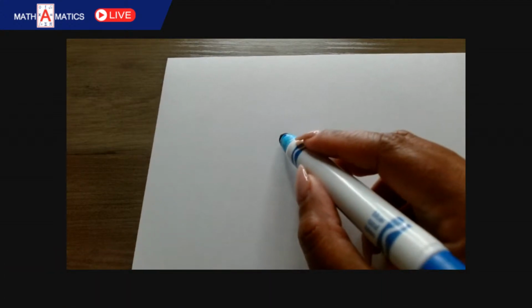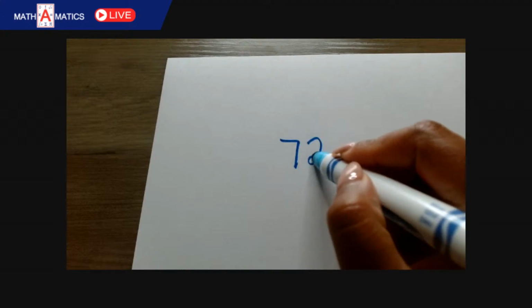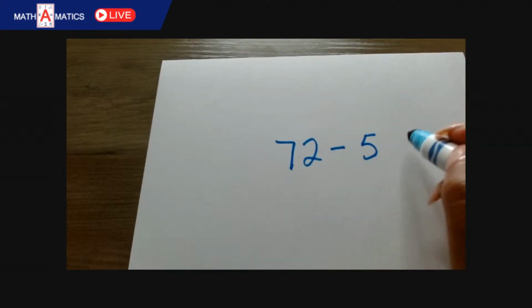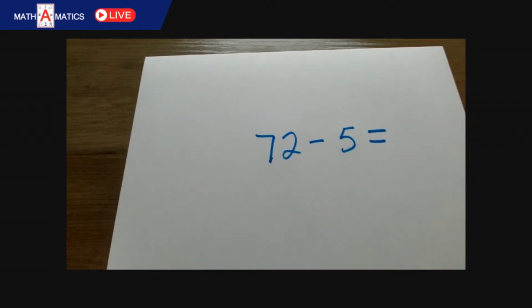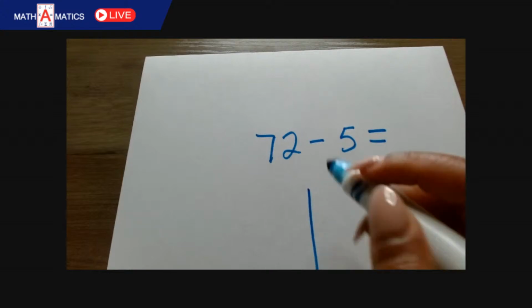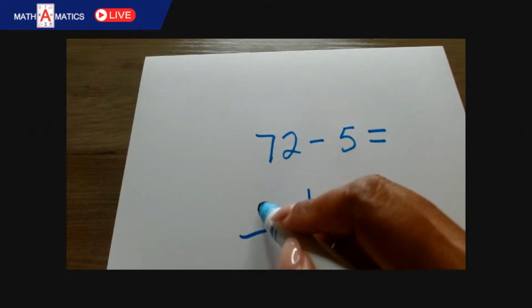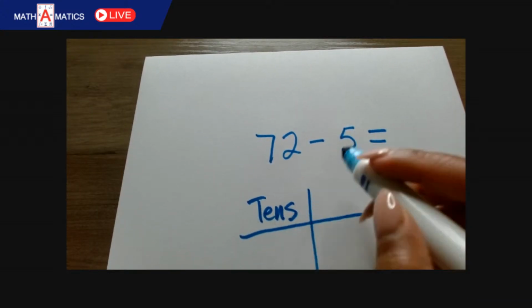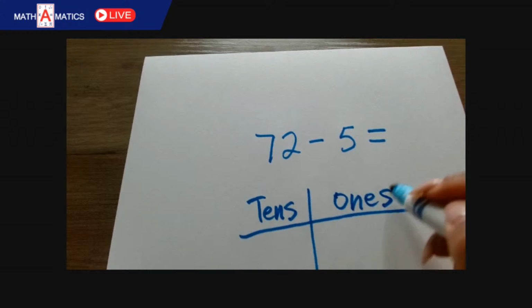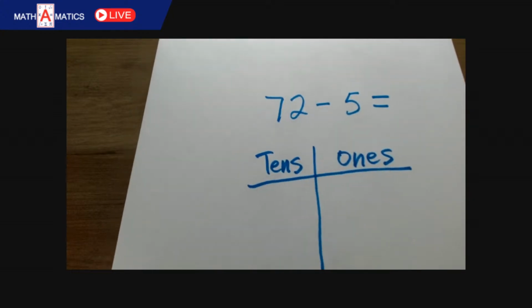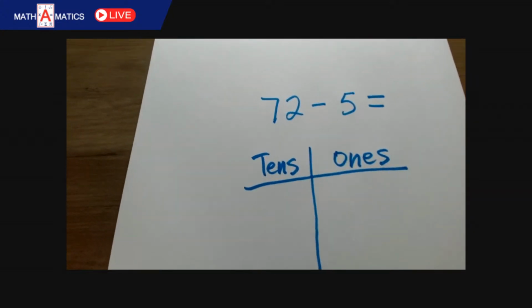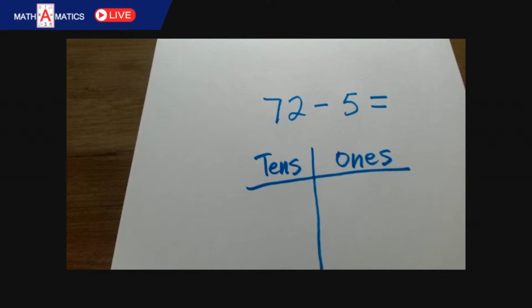All right. Now, I'm sure this might be another one that some of our parents have seen out here. This is what I did for homework with my student this week. We used a T-chart for our tens and our ones. Visuals are so great for our students. So we have 72 minus 5.